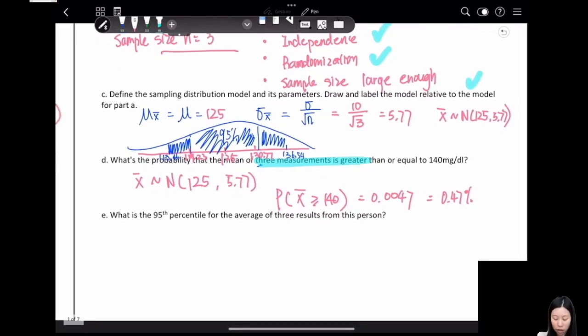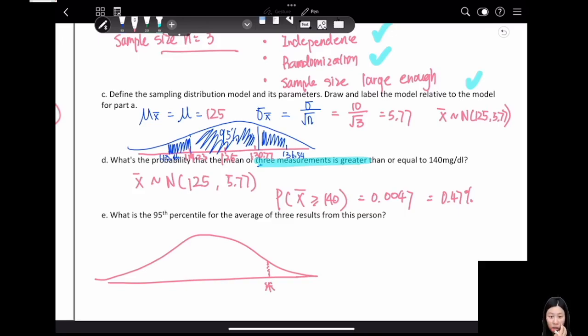So on the graph, we know that this is going to be 125, and then we're trying to find this cutoff value. I don't know, let's say star. From the star to the left, this takes up 95% of the area of the bell-shaped curve.